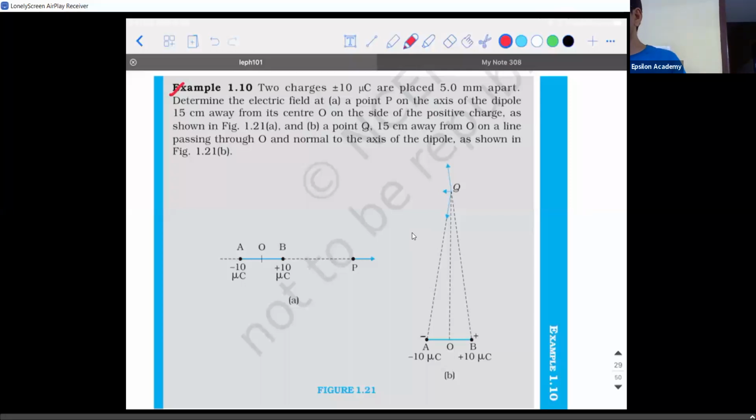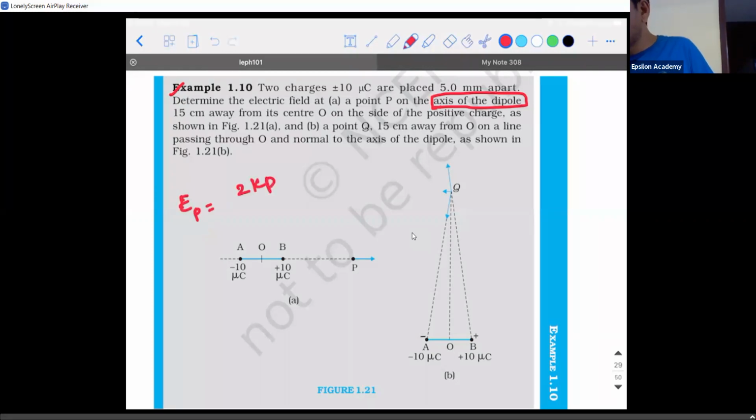What is the formula used? We are using the formula and then trying to solve completely. But that's not needed, no. How to solve? What is the mention in the question? Axis of a dipole which is 15 centimeter away from the center and it is on the side of the positive charge. So what is the electric field at point P in the first case?